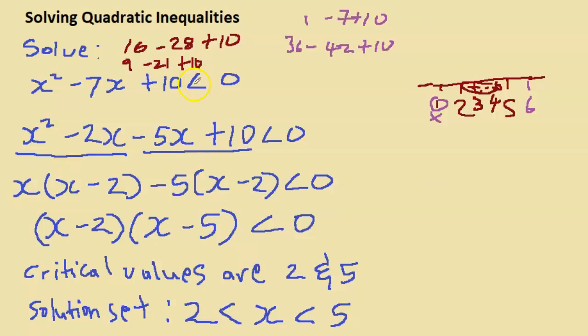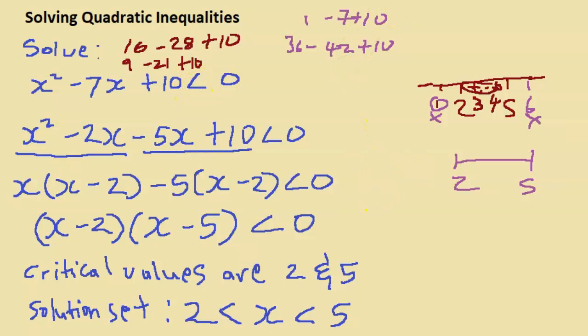Now is positive 6 less than 0? No, it is not. Alright, so notice that the solution set would be the set of numbers that lies between 2 and 5. Anything outside this interval here actually makes the expression more than 0. We want only the values that make the expression less than 0.